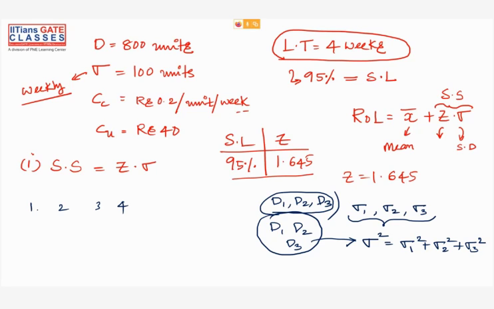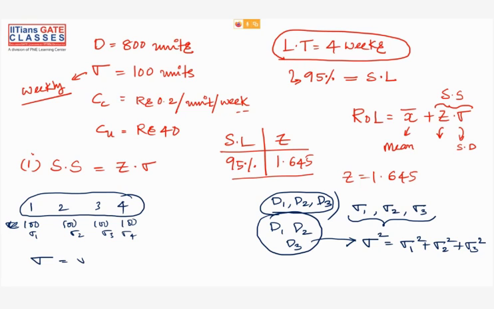All the weeks have standard deviation 100. To get the complete 4-week standard deviation, sigma square is equal to sigma 1 square plus sigma 2 square plus sigma 3 square plus sigma 4 square. This is how you convert a weekly standard deviation into a 4-week standard deviation.